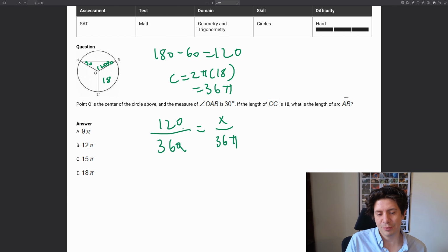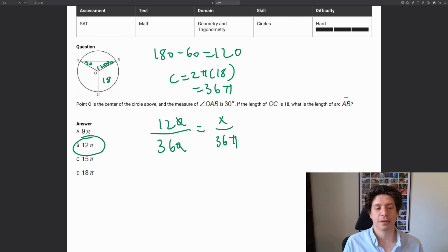So we don't even have to do the math, because 12 over 36 equals x over 36 pi. It'll be 12 pi. And it is B, okay? A classic question. The key is understanding that we're dealing with an isosceles triangle. It's isosceles because they're both radii, so they're going to be equal to each other.